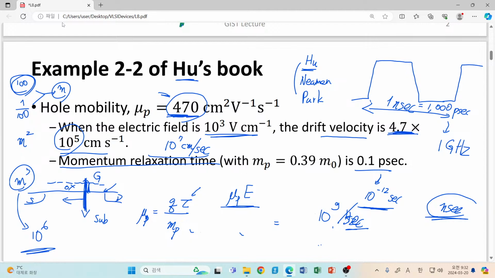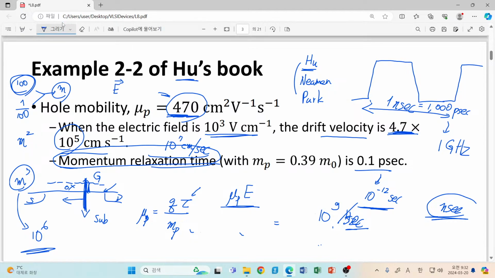Why am I saying that? I'm talking about the momentum relaxation time, but why is it related to the reaction of our electron gas and hole gas? If you change your voltage drastically and suddenly, what will happen? Inside your system, the electric field will suddenly increase or decrease.